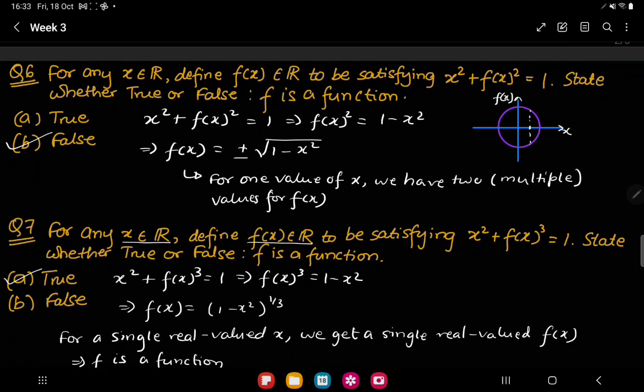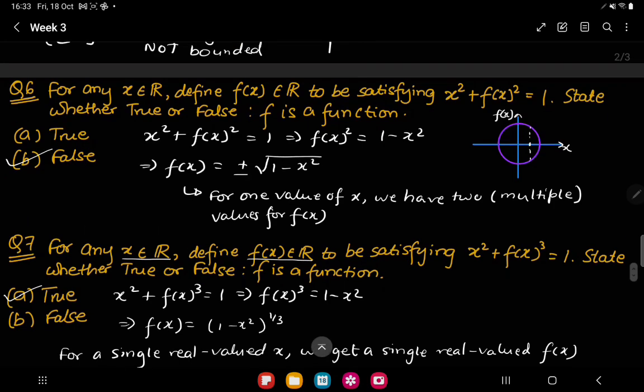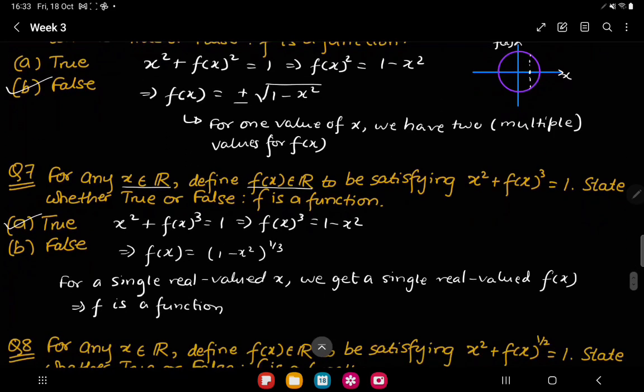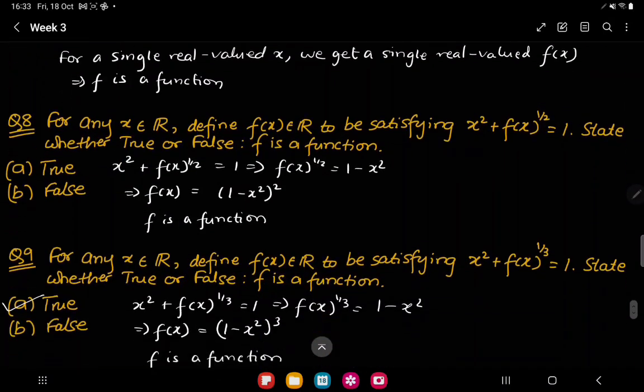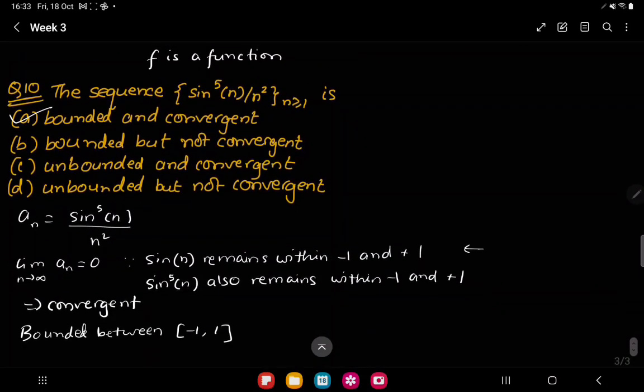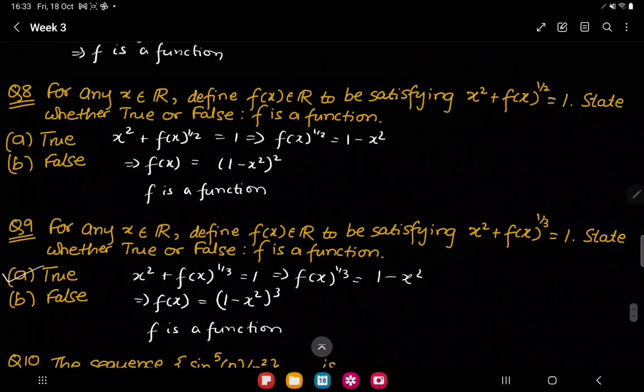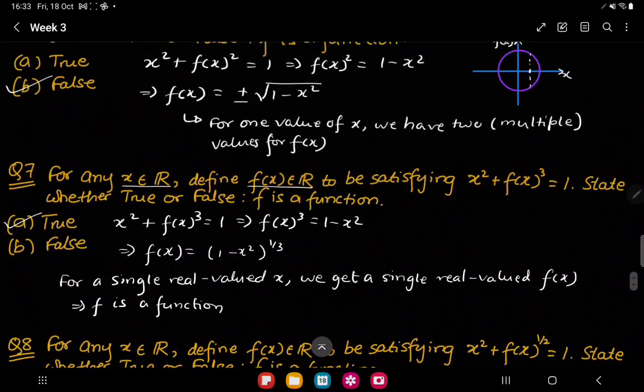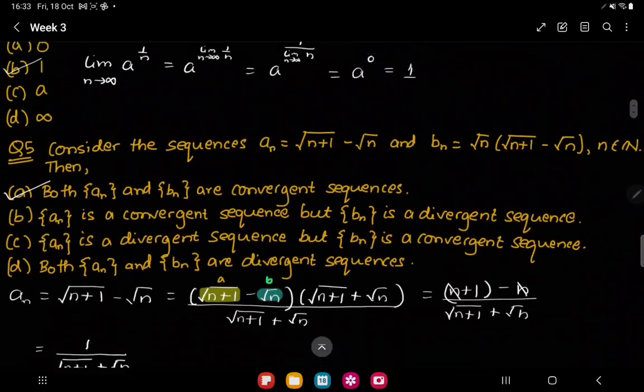So in a function, one particular element in the domain cannot have two images in the codomain. So for f(x), if there is one particular value of x, then f(x) cannot take two different values. If it does, then it is not a function. Okay, so that was about functions and sequences and limits.